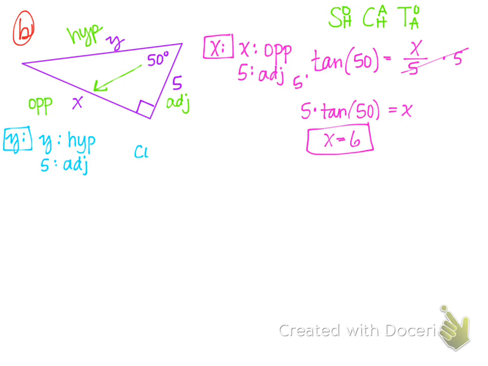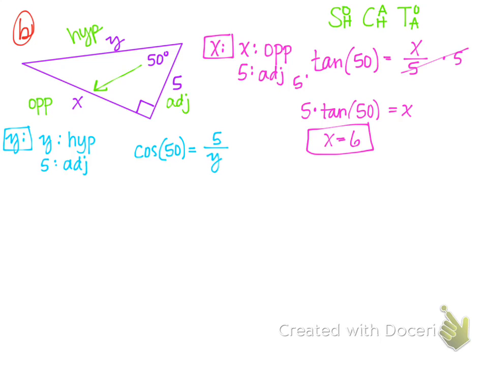We have cosine of our angle, which is 50, is equal to adjacent over hypotenuse. Now be careful. Adjacent is 5 and hypotenuse is y. So unlike the other ones, our variable this time is in the denominator and not the numerator of our ratio. We can solve this the same way, but there's going to be one extra little step.